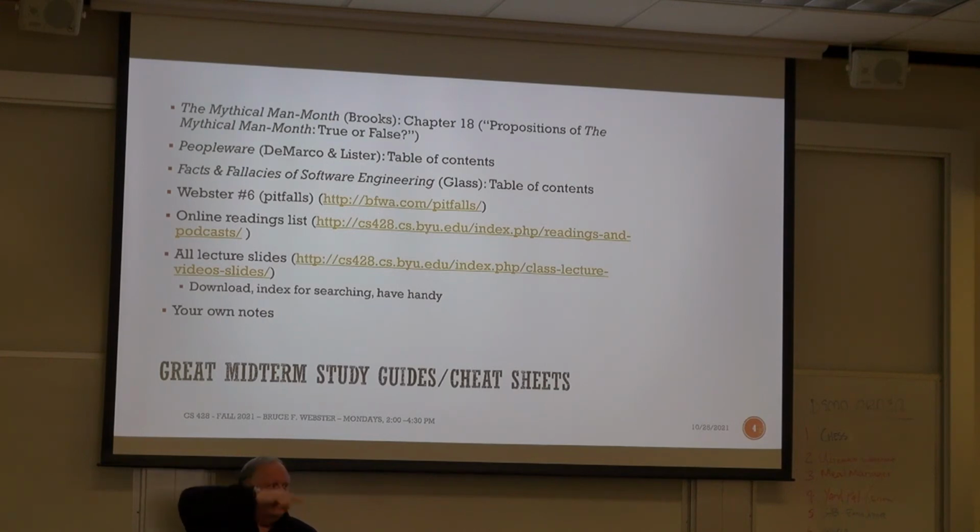You can just look down there and there's the 55 facts and 10 fallacies and so on. Go to the Pitfalls webpage and it lists all of the pitfalls there, just as we saw them on the 3 slides I had. The online readings list is on the class website. The lecture slides are on the class website.